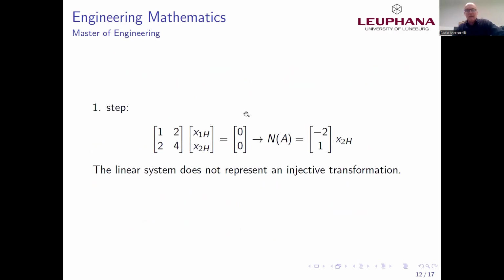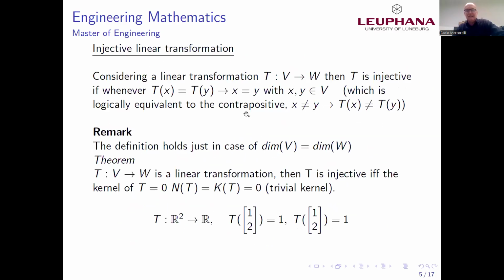Do you remember the nullity theorem? You remember the dimension of V, the dimension of the domain, equals the dimension of the kernel plus the dimension of the image. I don't know if you remember this. Should I find it?